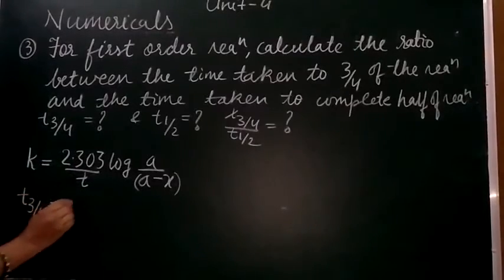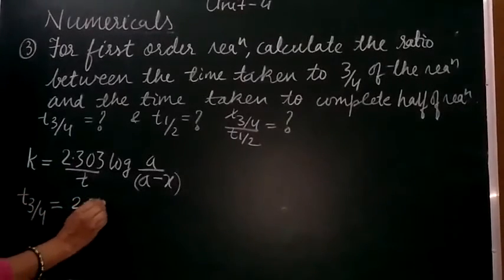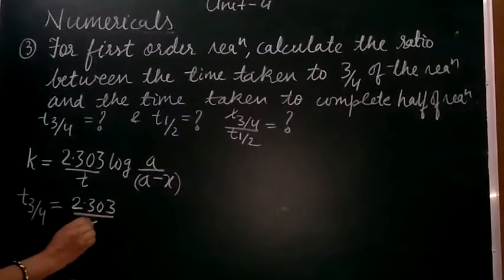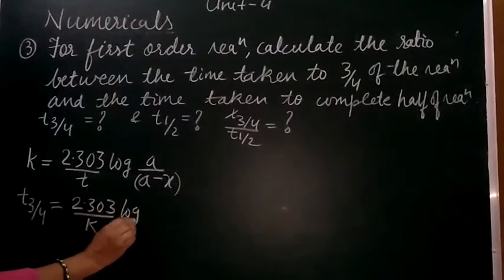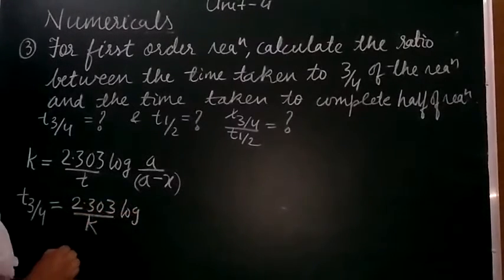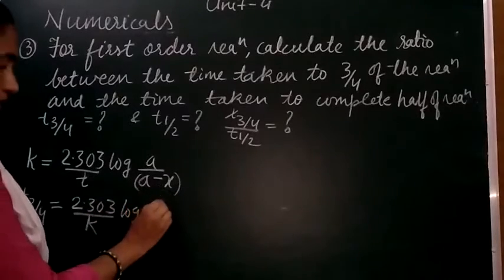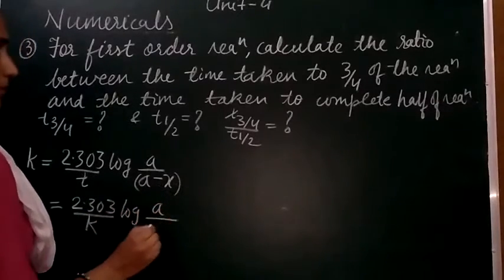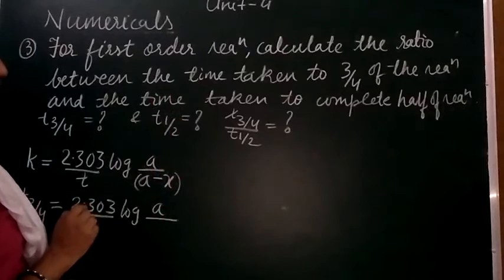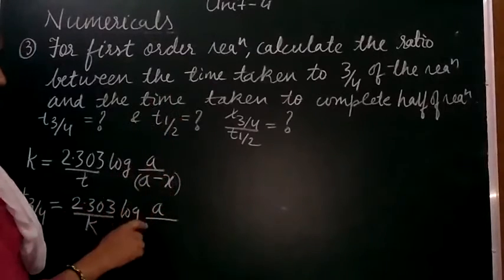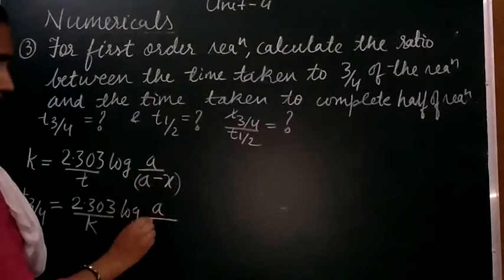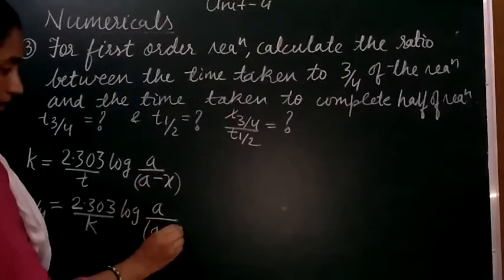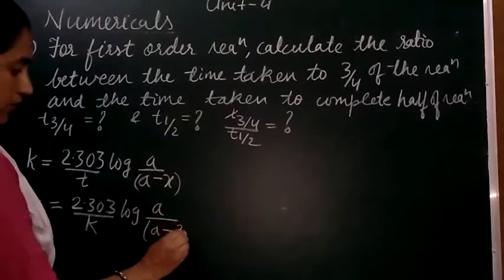That is equal to 2.303 upon k, so this is small k, okay? So log a upon a minus x. Because here they haven't given us the percentage formation, it is given 3/4 of the reaction, so a minus x is the remaining part of a.